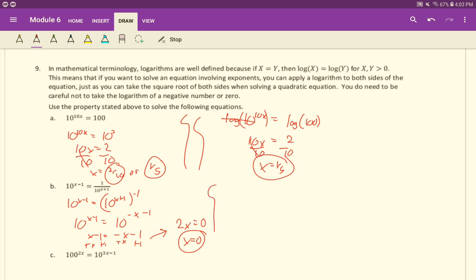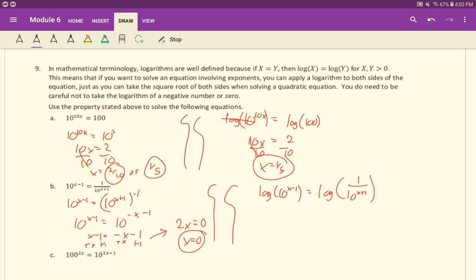Alternatively, you could use logarithms here and do log of 10 to the x minus 1 equals log of 1 over 10 to the x plus 1. In this case, we have a division here.